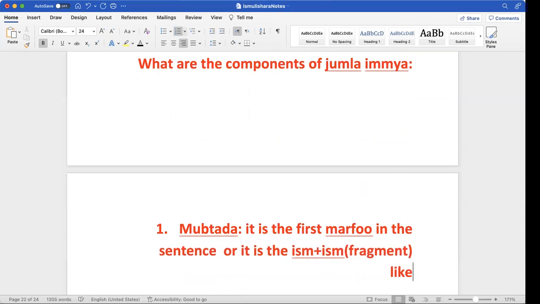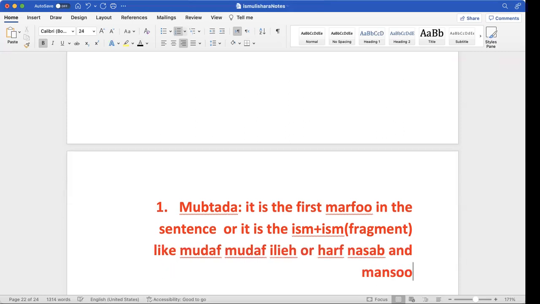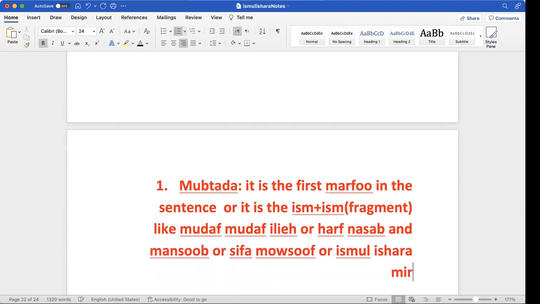Fragment like what? Mudaf, mudaf ilayh, or harf nasab and mansoob. It cannot be harf jar majroor, or sifa mawsoof, or ismul ishara musharun ilayh.